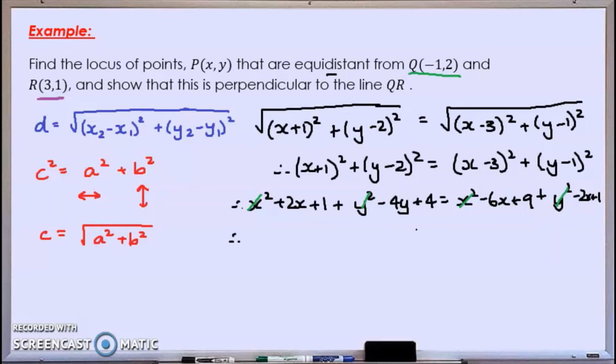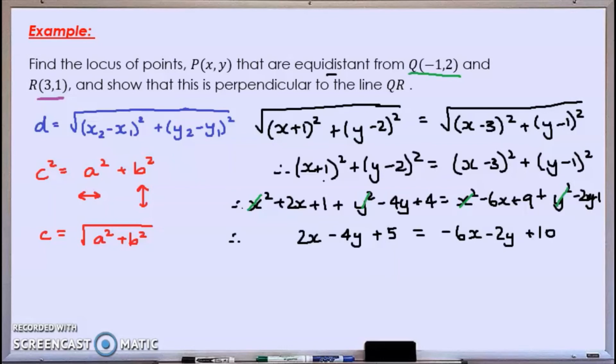Let's just clean it up so we can work a little bit better with our other terms. So I'll end up on the left hand side now with 2x minus 4y plus 5. And on the right hand side, when I clean it up, I end up with negative 6x minus 2y and then plus 10.